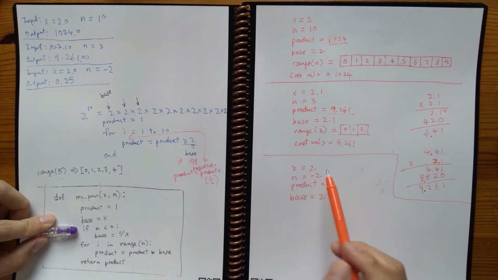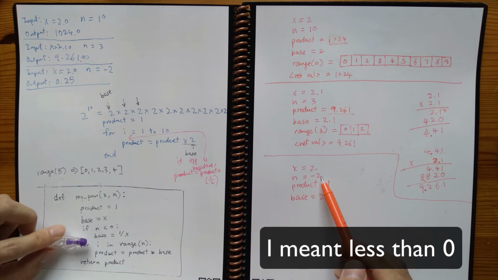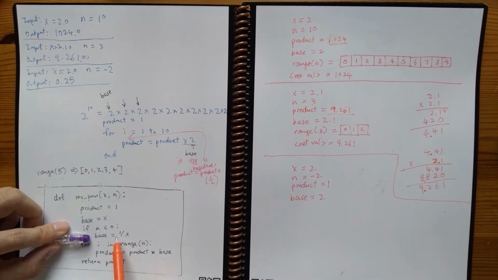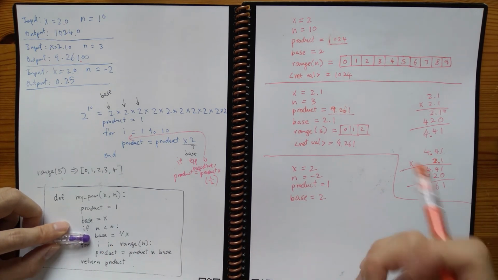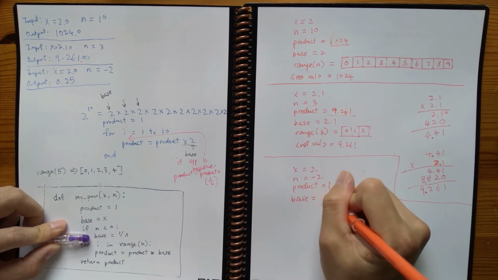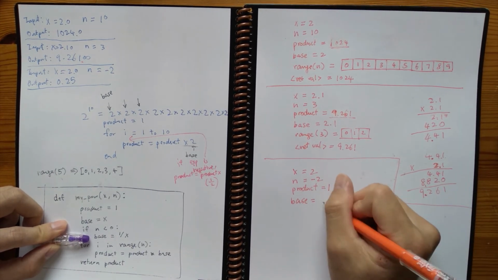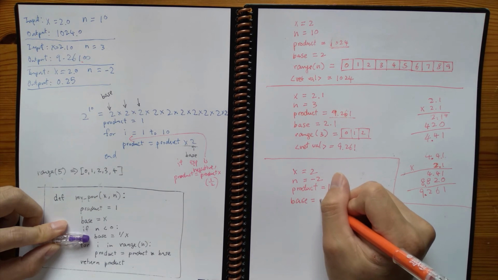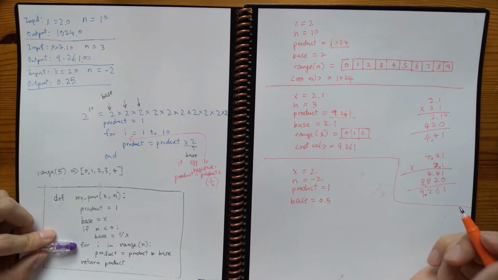If n is less than 1, which it is in this case, then we're going to change the base to 1 divided by 2. So 1 divided by 2 is 0.5. And then now we're going to do this for loop.